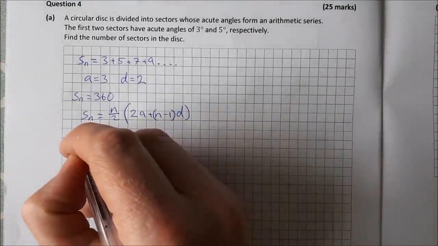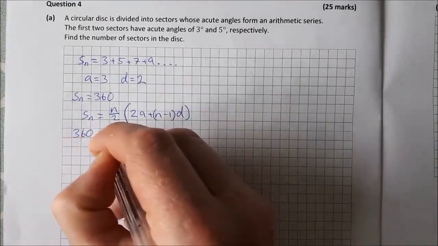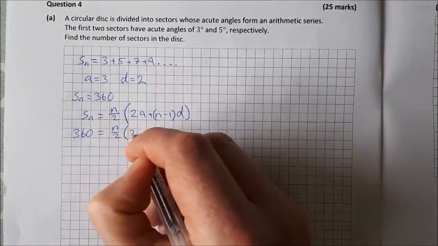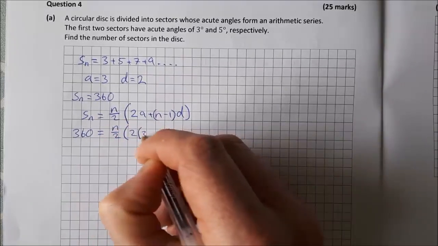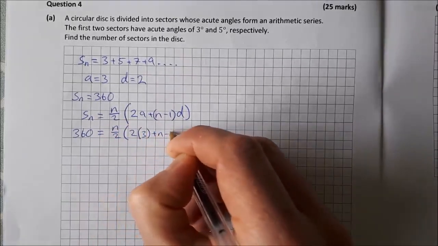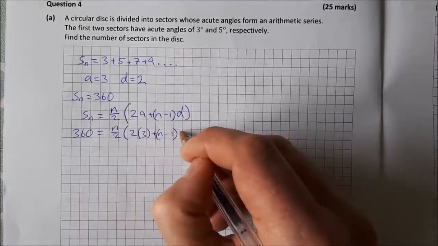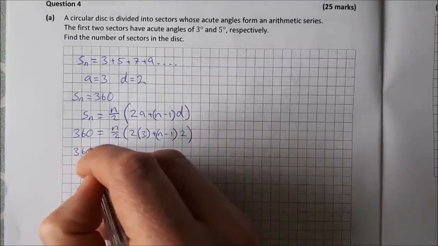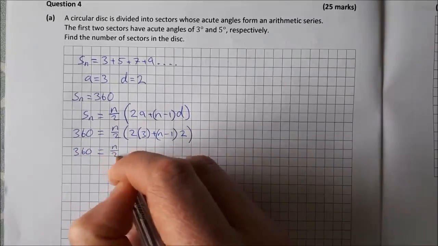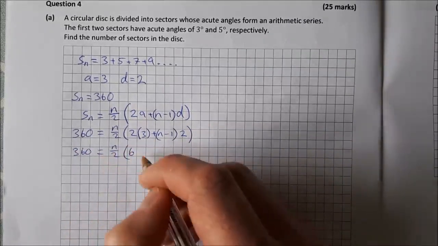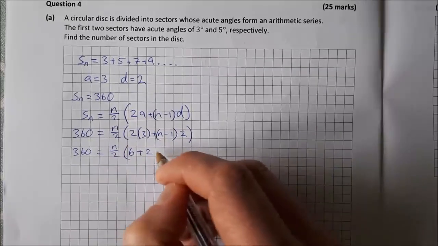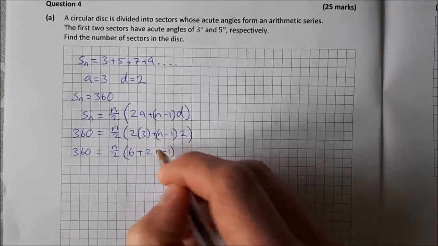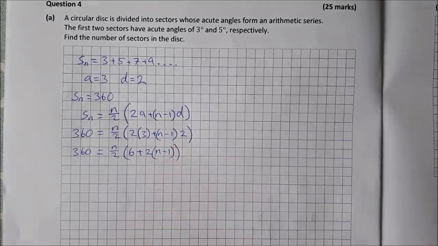So filling in everything I know, 360 is equal to n over 2 times 2 times 3 plus n minus 1 times d, which is 2. So that's 360 is equal to n over 2 times 6 plus 2. I can leave it as n minus 1 in brackets there for the moment.